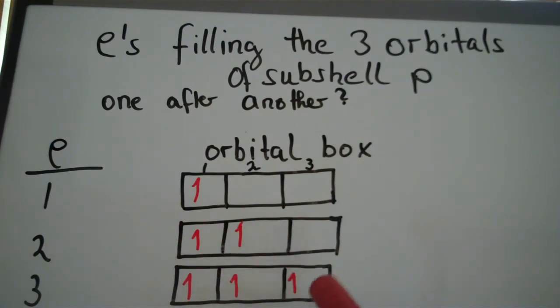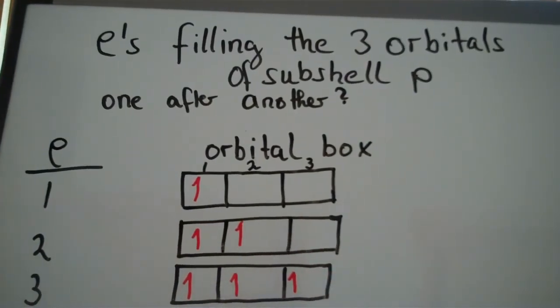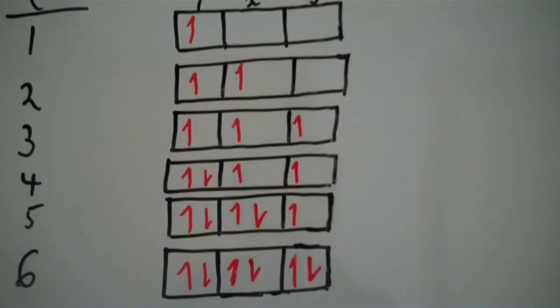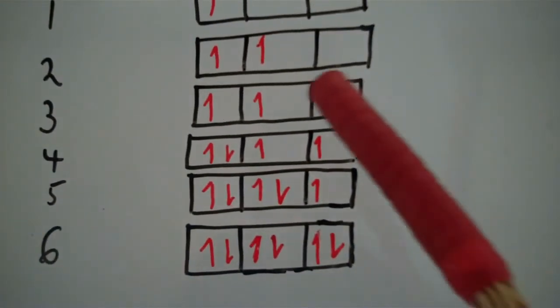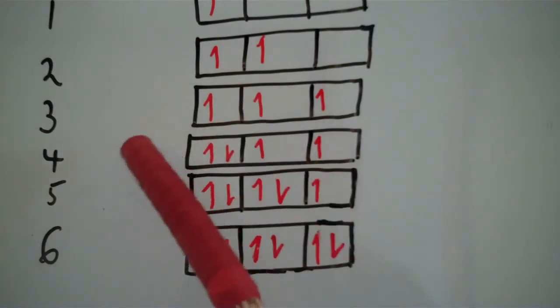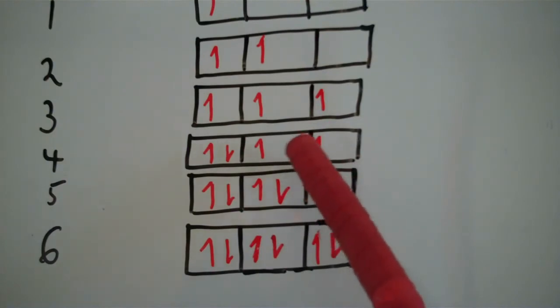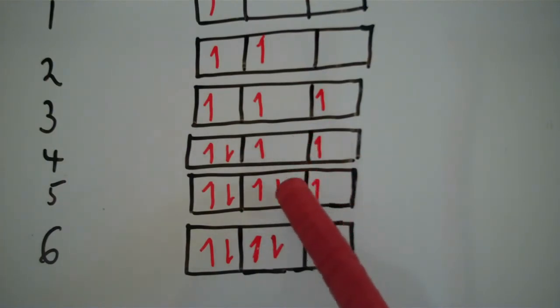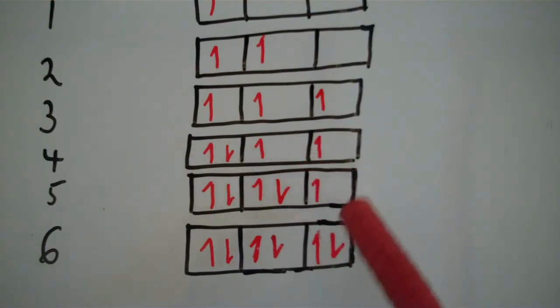The third electron goes into the third orbital also with a clockwise spin. The 4th goes into the first orbital with a counterclockwise spin. The 5th goes into the second orbital, also with a counterclockwise spin, and the 6th electron goes into the third orbital, also with a counterclockwise spin.